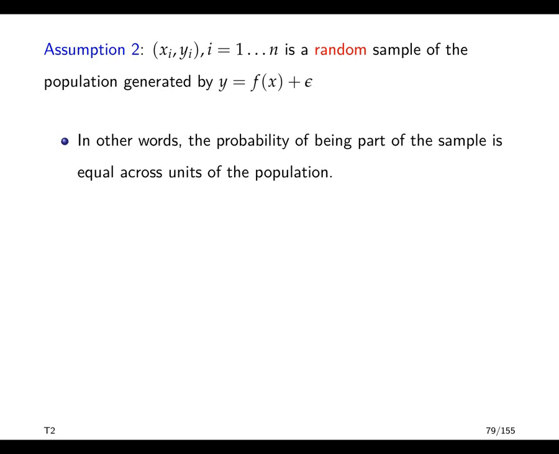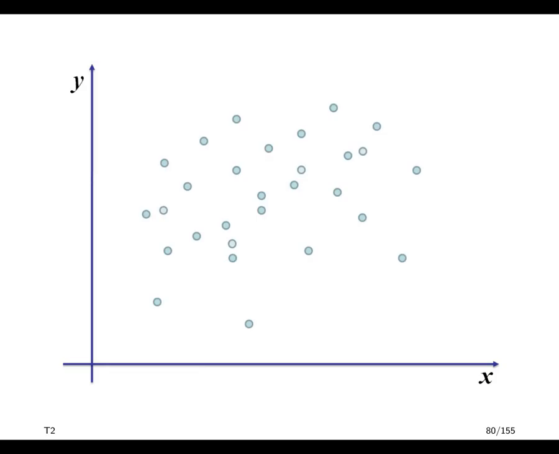In other words, it is random because the probability of being part of the sample is equal across units of the population. For instance, here we have a population that has been generated, okay, by this formula there, and every point in this population has the same chance of being selected to be part of the sample. Okay, for instance, we might select randomly these 4 points, or randomly these other 4 points, or randomly these other 4 points, all of them with equal probability.